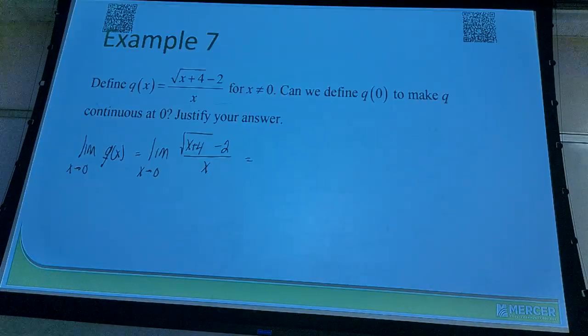Next, here's the idea. Can we define that function?